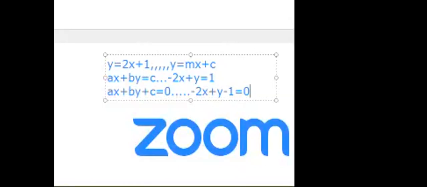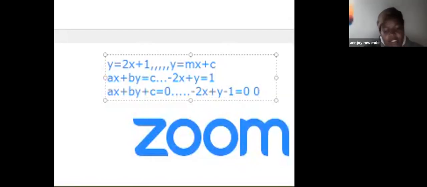That equation can also be written in this form: 2x minus y plus 1 is equal to 0.